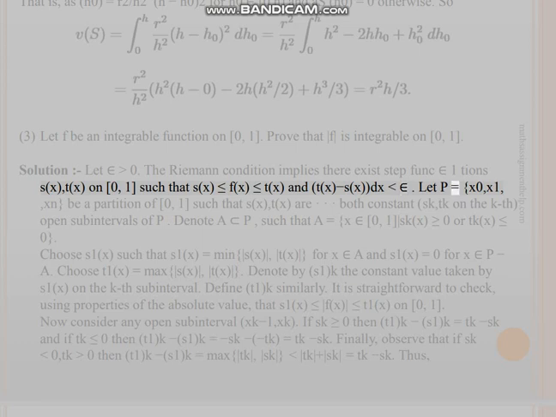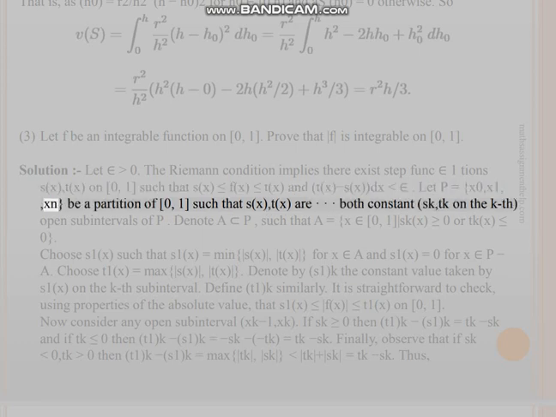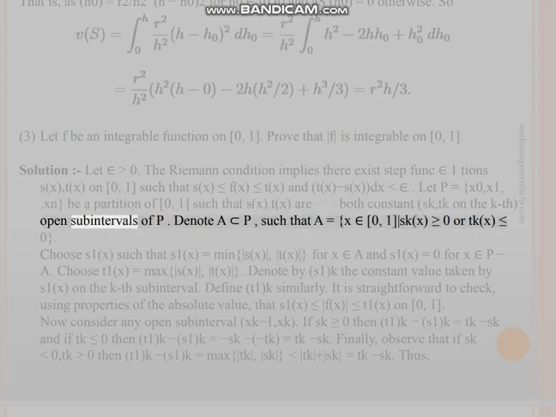Let P equals {x0, x1, ..., xn} be a partition of [0,1], such that s(x), t(x) are both constant, s_k and t_k, on the kth open subintervals of P. Denote by A a subset of P such that A equals the set of x in [0,1] where s_k(x) greater than or equal to 0 or t_k(x) less than or equal to 0.